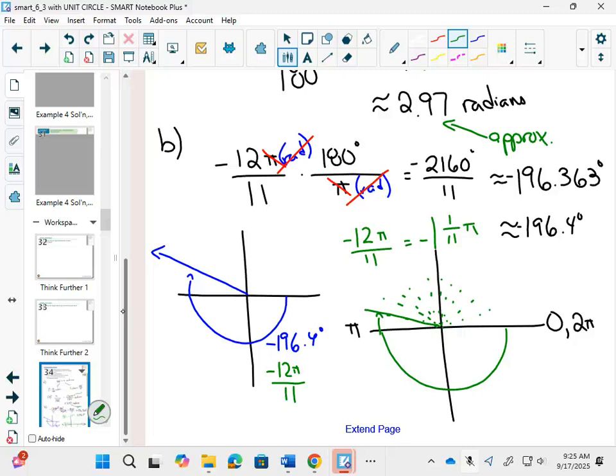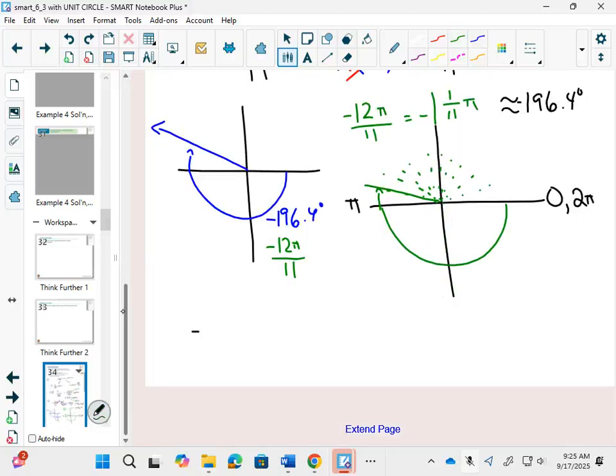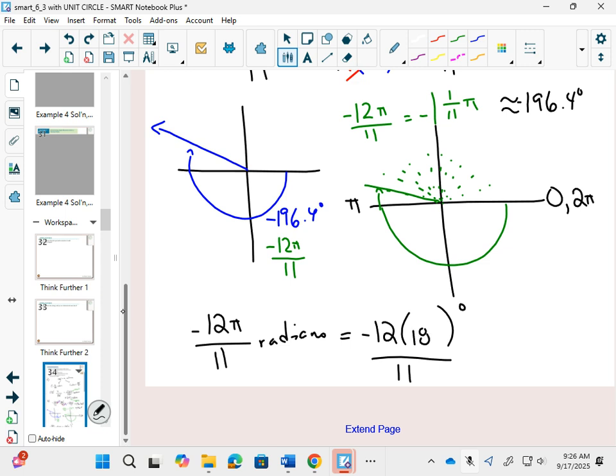Now, a shortcut is possible in this one, and the shortcut you're going to learn is if you get a radian measure and it has pi, and this is a shortcut only if it has a pi. Do you notice that your pi's canceled out and you're left with a 180? So a shortcut that you're going to find when changing this to degrees is that you just replace the pi with 180.